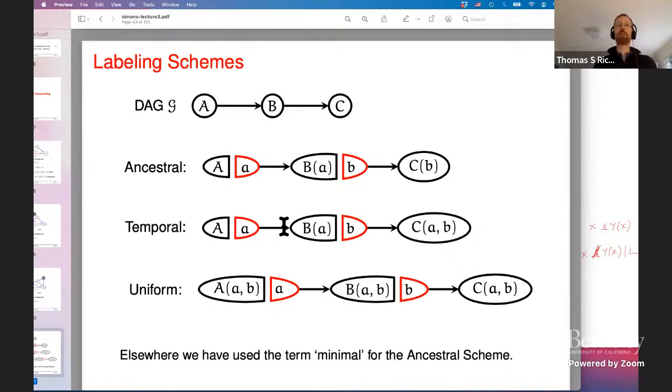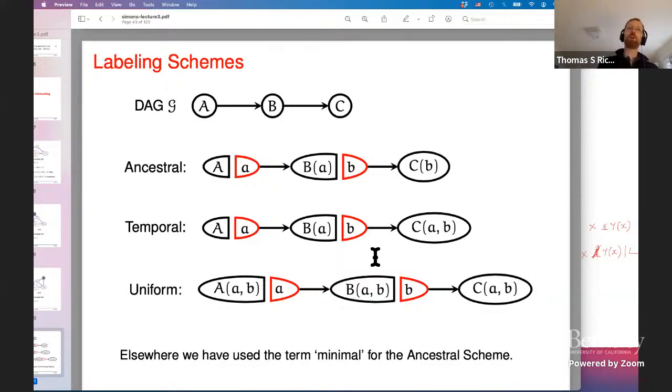So here, for example, even though C is not downstream from A after we split B, not downstream from this fixed node, I'm still labeling it with an A here. And in this particular case here I've just got uniform labeling, where I'm just labeling everything with the fixed nodes.